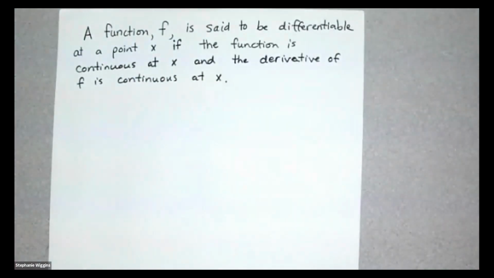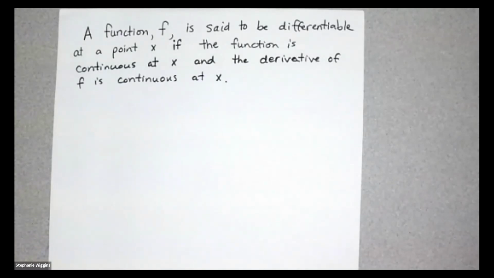So remember continuity, when we talked about continuity, a function was continuous if you could draw it without lifting your pencil. Well, the requirements for differentiability are stronger than that. Not only do you have to draw the function without lifting your pencil at the point that we're talking about, there also can't be any corners or breaks.